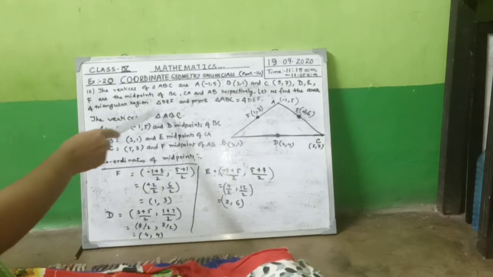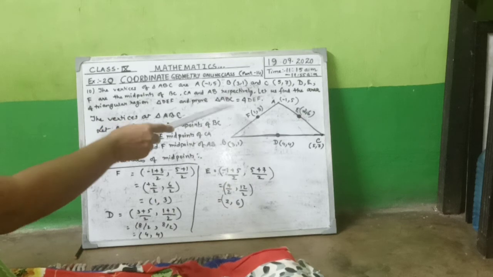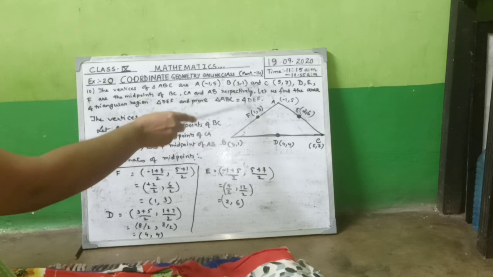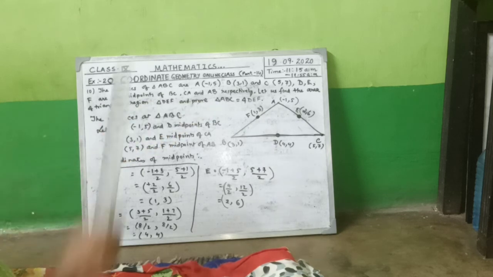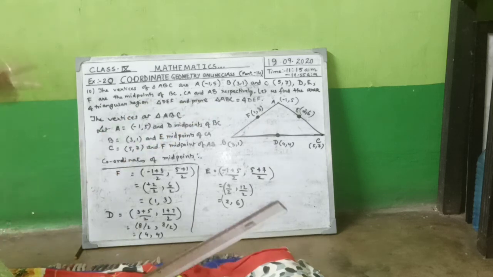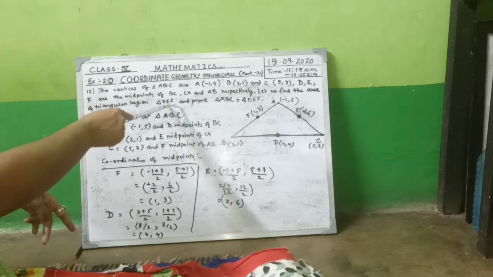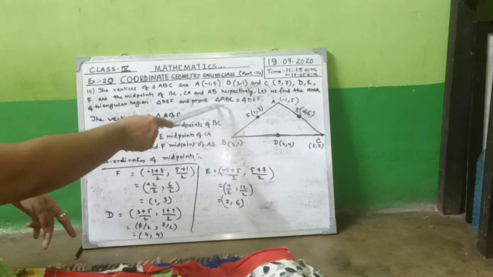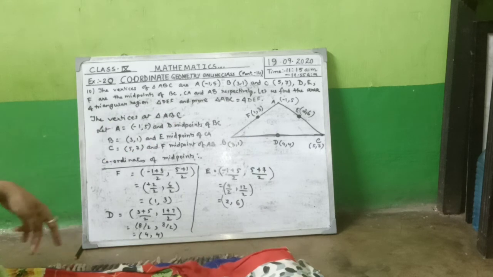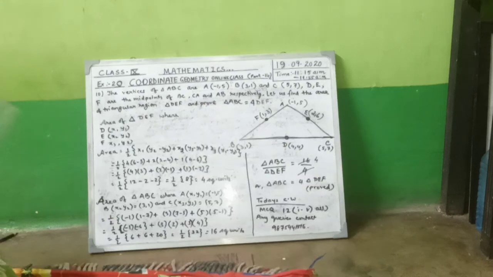That is the triangular region DEF, and we have to prove whether the triangle ABC is equal to 4 times DEF. So for this, two triangular regions we have to find out, that is triangle DEF and the area of triangular region ABC. And then only we can come to the calculation. Alright, so I will just take a few minutes to rub the board.